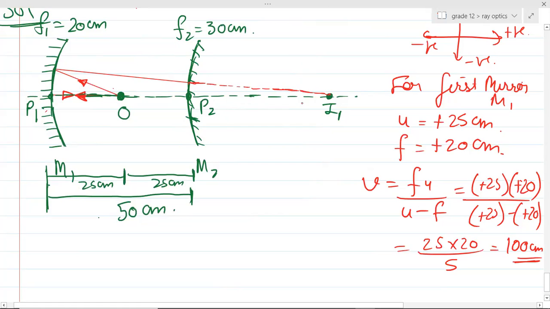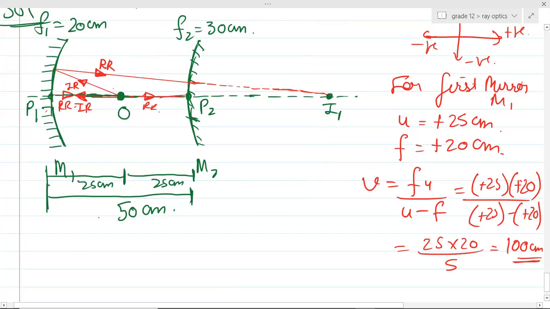So can you see again a case of a virtual object? The real image which is forming for M1 is acting as a virtual object for M2, yes or no? This is the incident ray, and this is the reflected ray. So can you see the reflected ray is going like this? Yes or no?